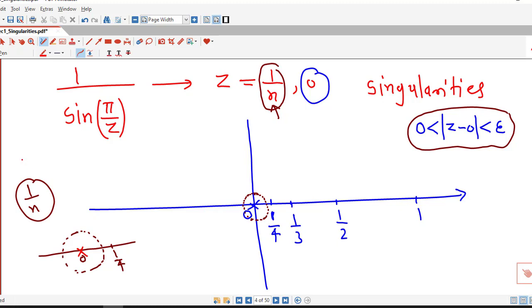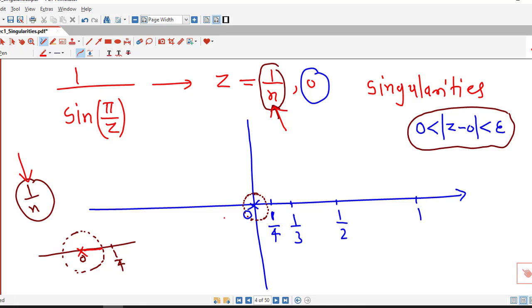So there will always be at least one point of the type 1 by n at which the function is not analytic. So it is not possible to find any deleted neighborhood of z equal to 0 which does not contain these singularities z equal to 1 by n.